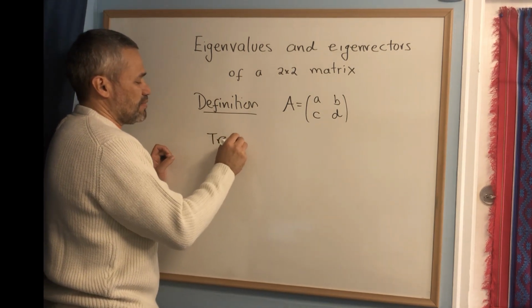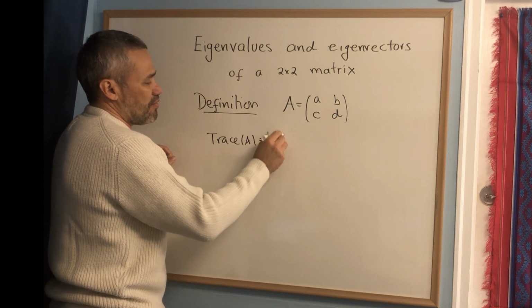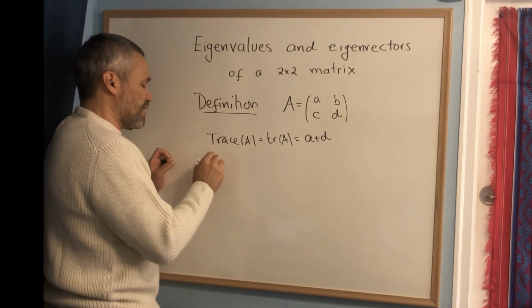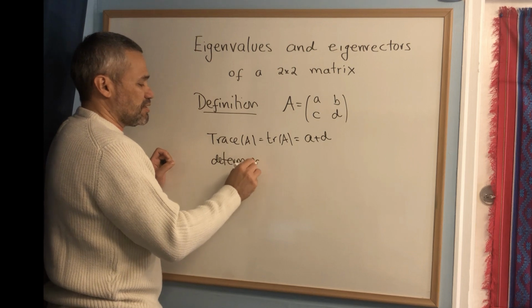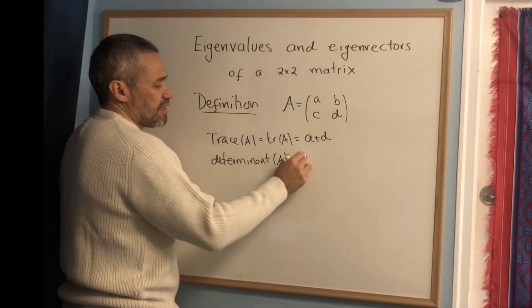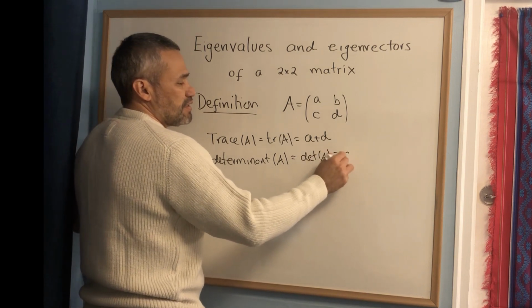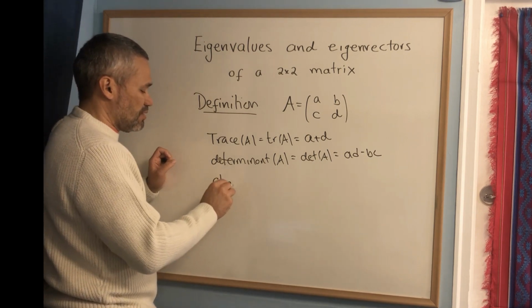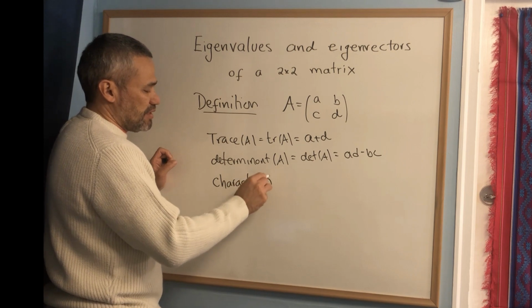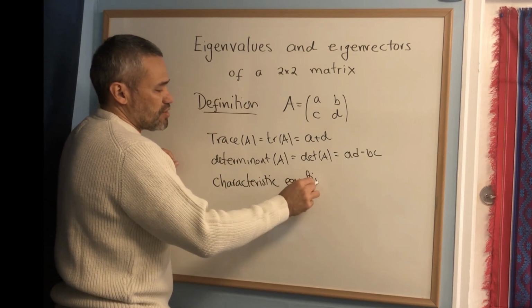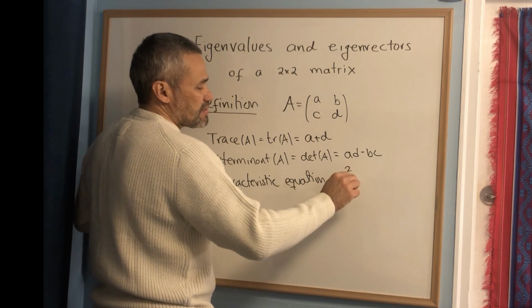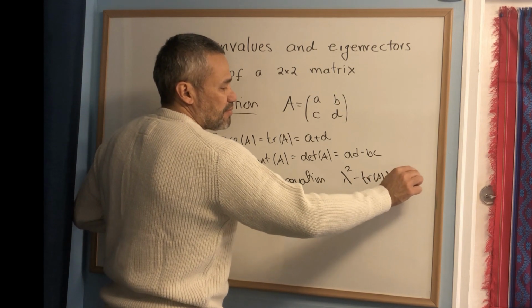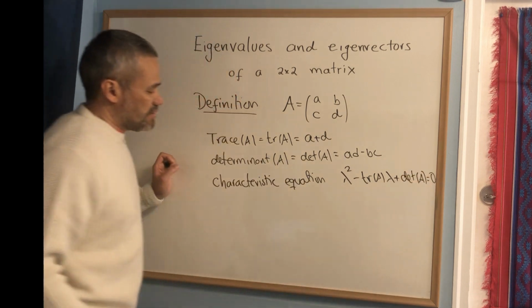We define the trace of A, denoted TR of A, just as the sum of these two elements, A plus D. The determinant of A, denoted DET of A, is AD minus BC, and the characteristic equation of that matrix is lambda squared minus the trace of A times lambda plus the determinant of A equals 0. This is called the characteristic equation.